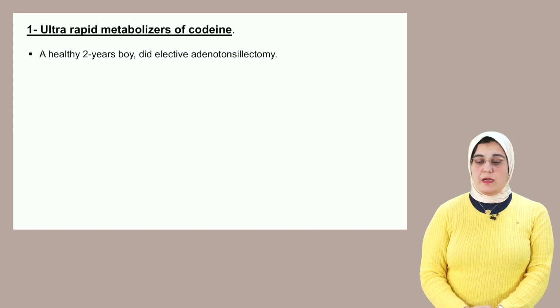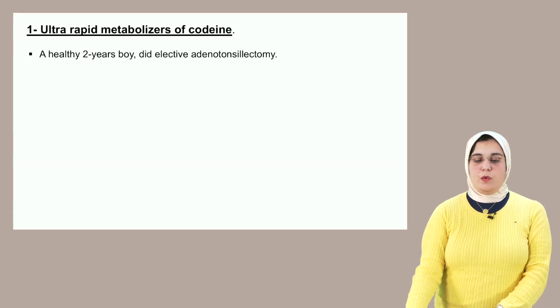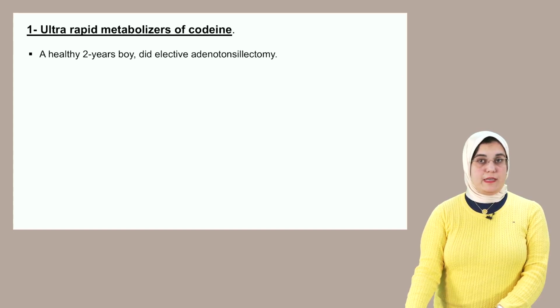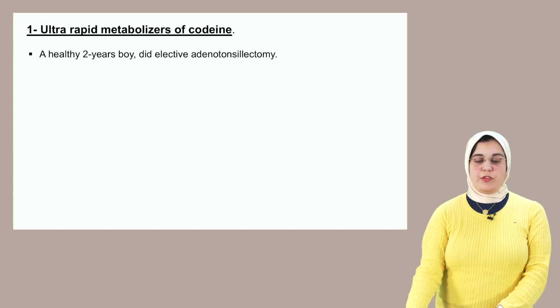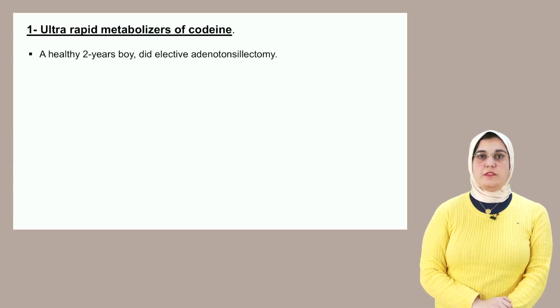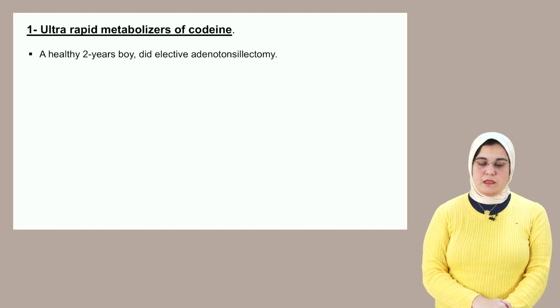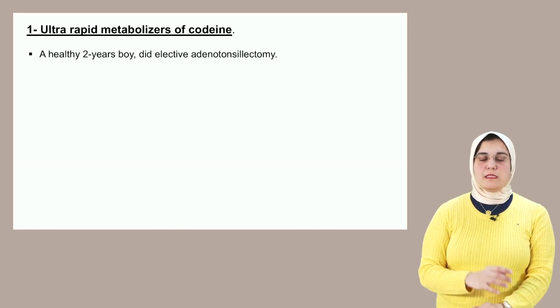So what is our example? Let's discover. A healthy 2-year-old boy had an elective adenotonsillectomy. What is the meaning of adenotonsillectomy? If it's the first time you hear about it, let's use the rule of medical terminology. Just divide the word into simple parts and try to understand them individually. Adeno means a gland. Tonsil means the tonsils.